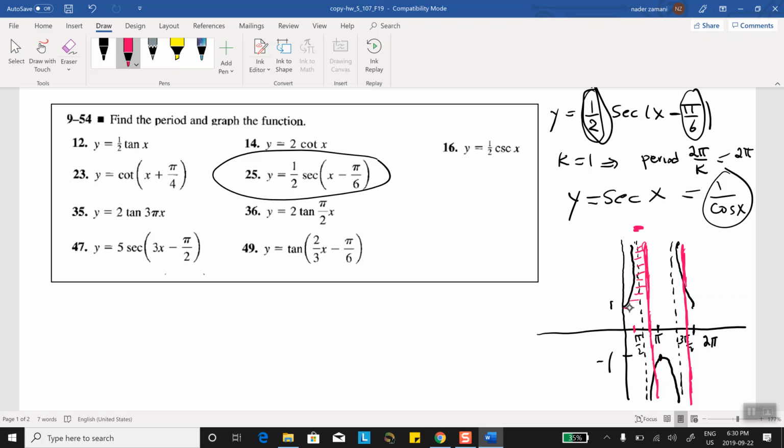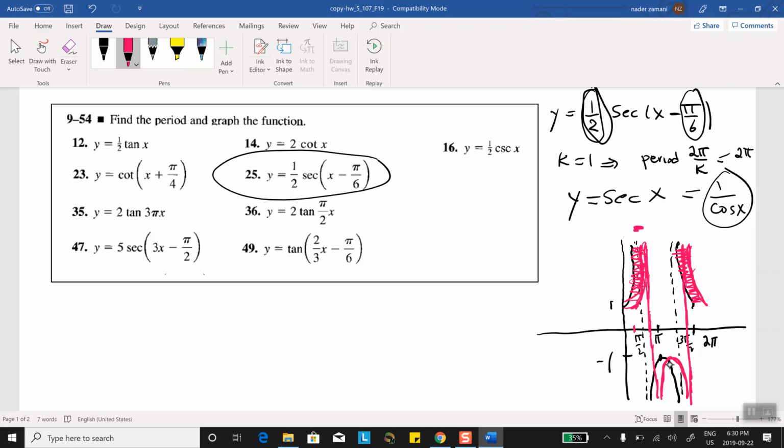This graph is going to go like that. This graph is going to go like this. And this black one is going to go like so. The distance between the black curve and the red curve is supposed to be pi over 6.